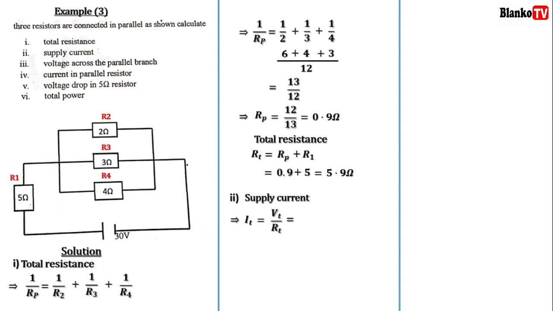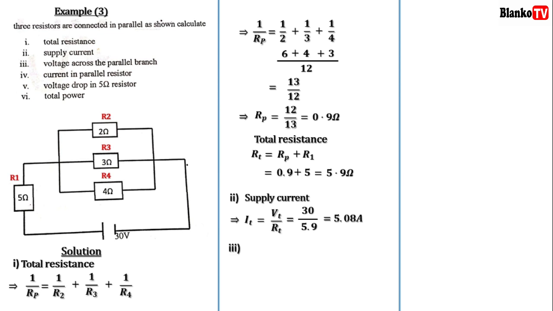And the total voltage is 30 divided by the total resistance, which is 5.9. So when you divide 30 by 5.9, we get 5.08 amps as our total current. I hope you are following it.